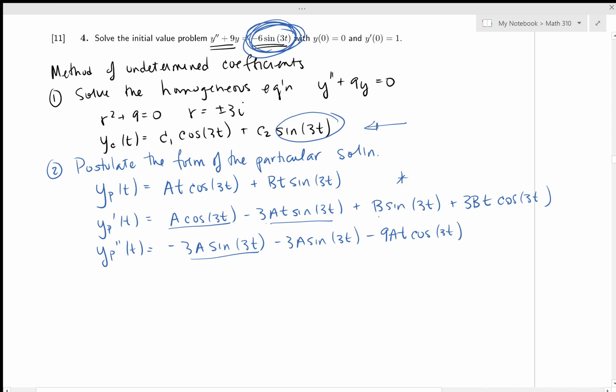And then I take the derivative of this one, plus 3B cosine 3t, plus, and I do this one last, 3B cosine 3t minus 9Bt sine 3t.